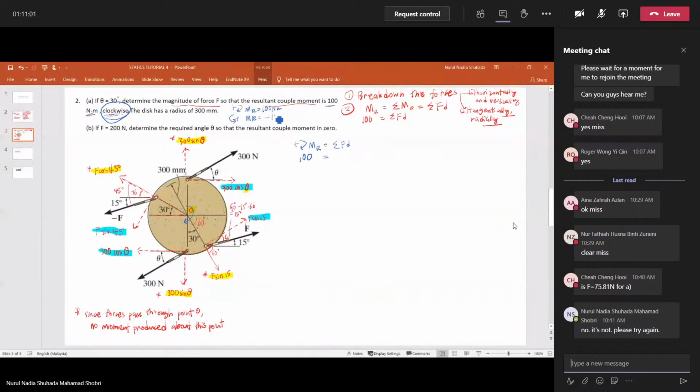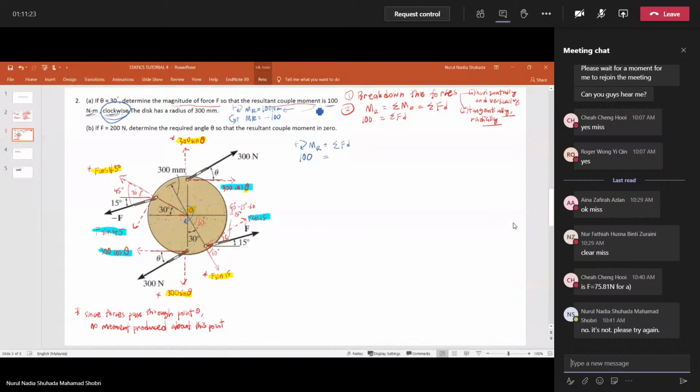So it depends on how you define the direction. If you define the direction to be clockwise, it should be positive 100 because this is stated in the question.